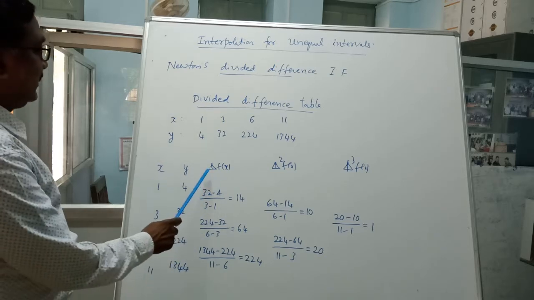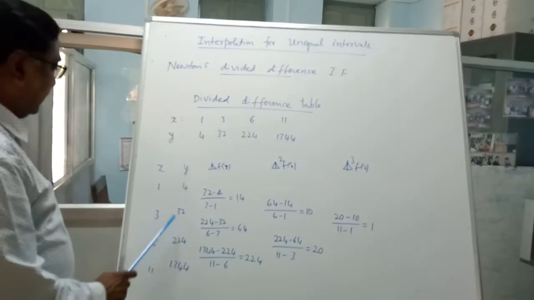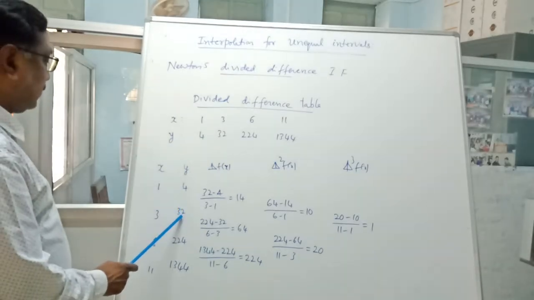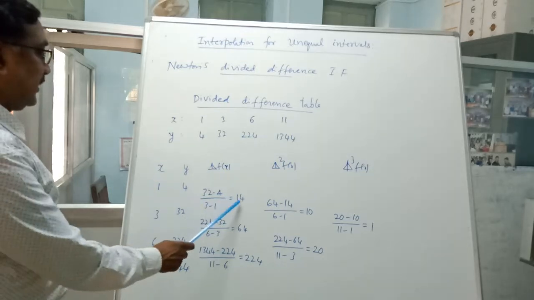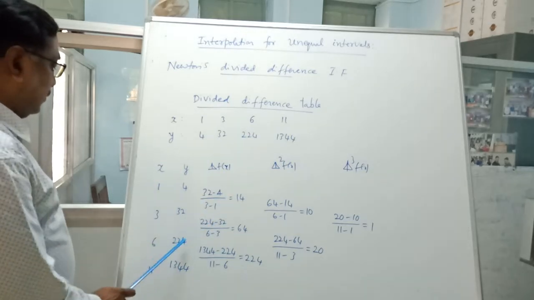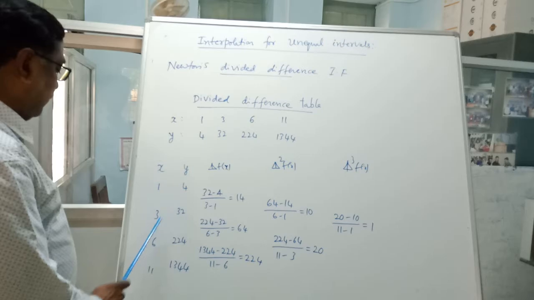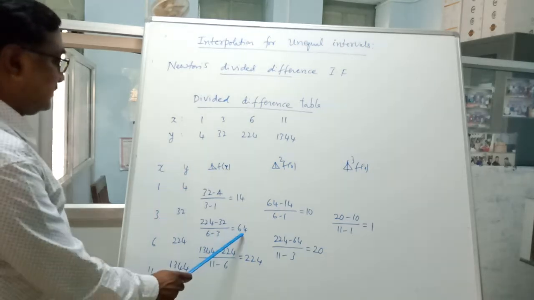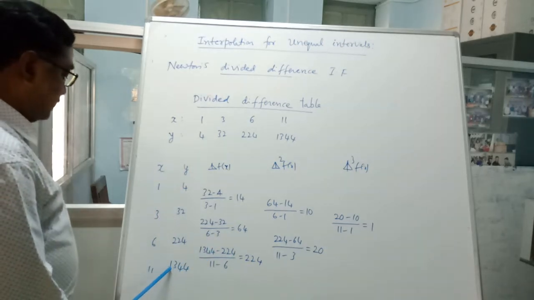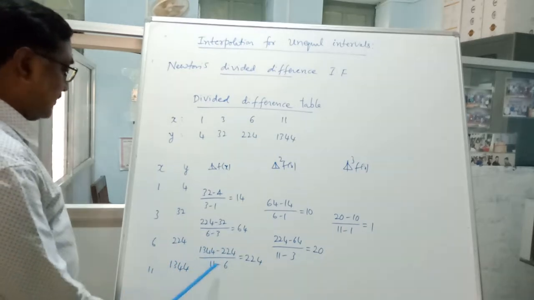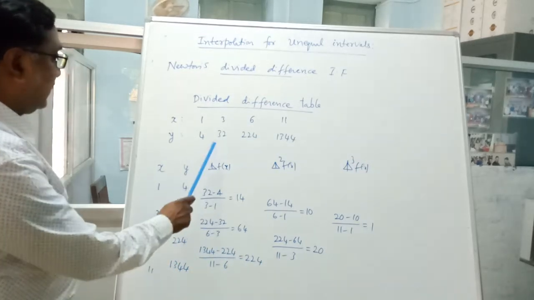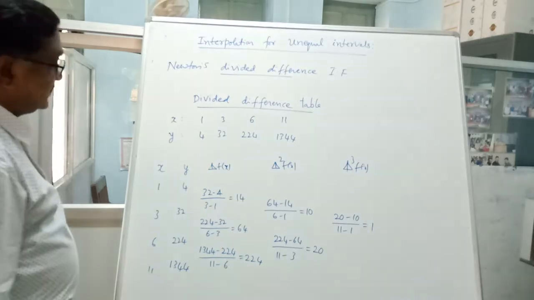See, the first divided difference is obtained by 32 minus 4 divided by 3 minus 1, which is equal to 14. Similarly, 224 minus 32 divided by 6 minus 3, which is equal to 64. And last, 1344 minus 224 divided by 11 minus 6, which is equal to 224. These are the first divided differences.